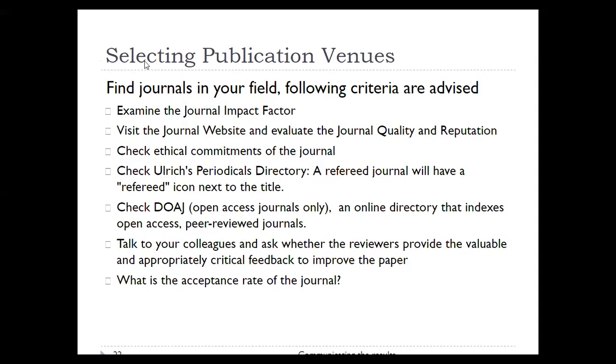Now, selecting a publication venue. How to select a publication venue? So find the journal in your field. The following criteria are advised to select or to search for the journal. First, what are the different steps we should follow to publish our research findings in a particular journal? For that, first we will examine the journal impact factor.